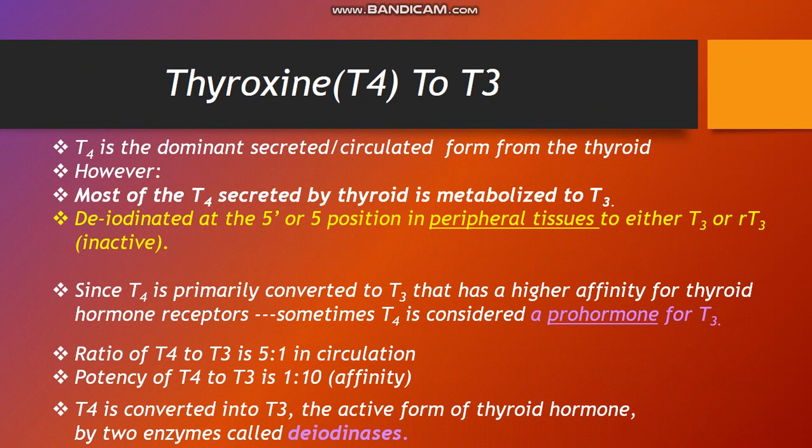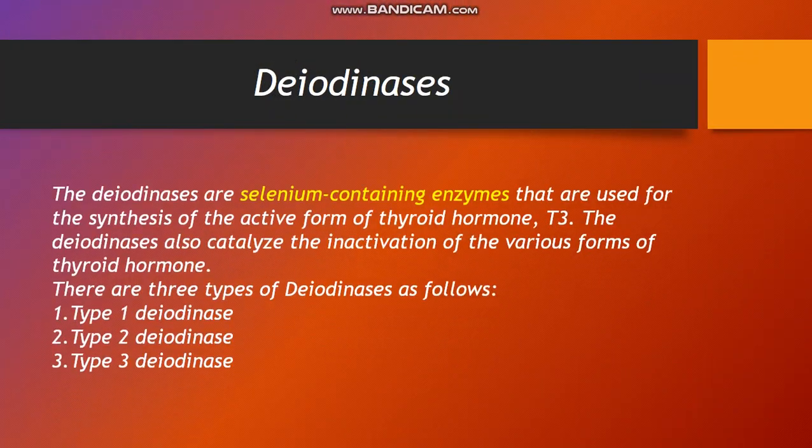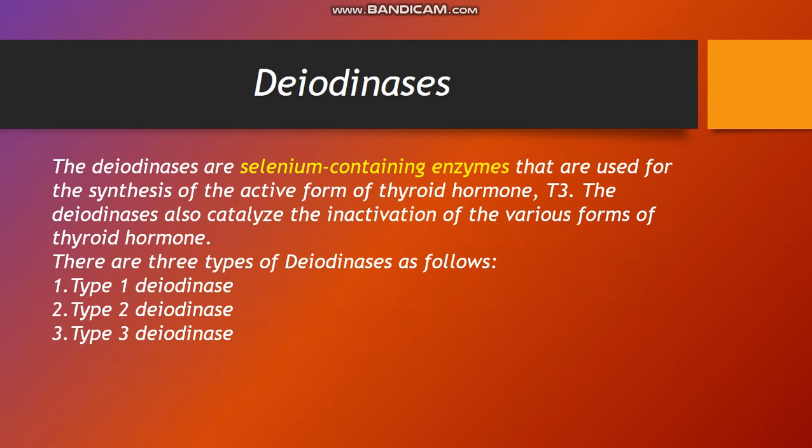T4 is converted into T3, the active form of the thyroid hormone, by enzymes called deiodinases. There's a set of enzymes. The deiodinases are selenium-containing enzymes that are used for synthesis of the active form of the thyroid hormone, T3. The deiodinases also catalyze the inactivation of the various forms of thyroid hormone.